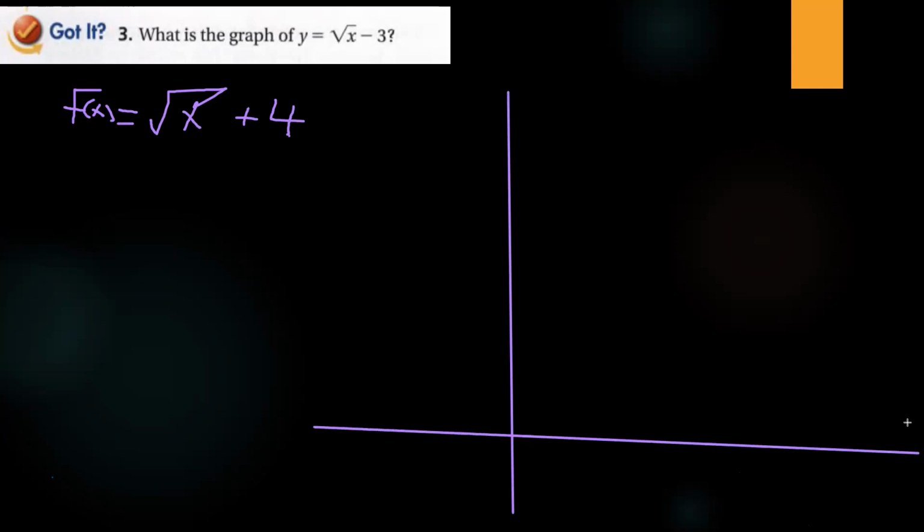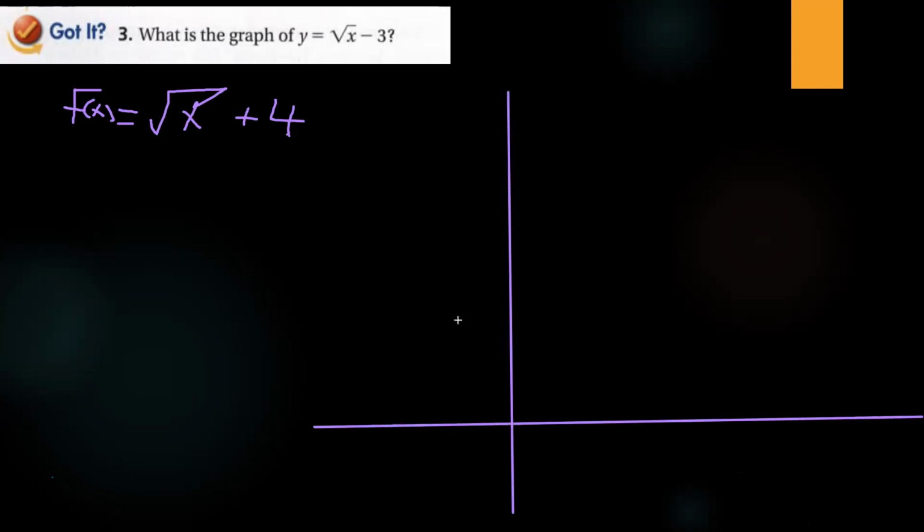Teacher, there is no square root of a negative number, so we only graph on the positive part. Yes, it cannot be in the negative x-axis. It must start from here.